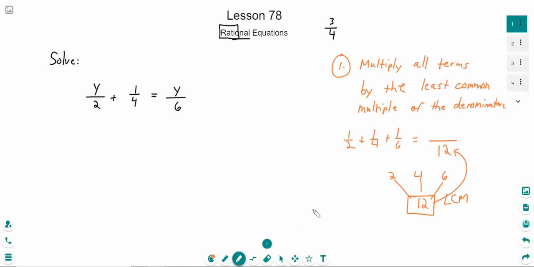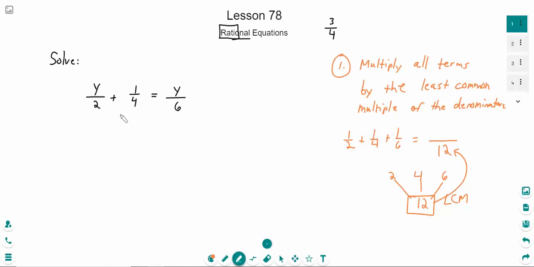Nothing new there. That's just old school, just knowing how to add fractions with uncommon denominators. Okay? The same thing is going to be applied here. Only because it's an equation, we're going to approach this a little bit differently. The goal is to get rid of the denominators, all right? To get rid of the fractions, essentially.